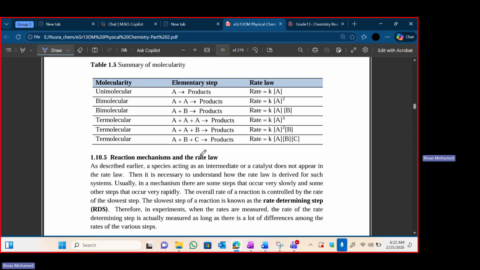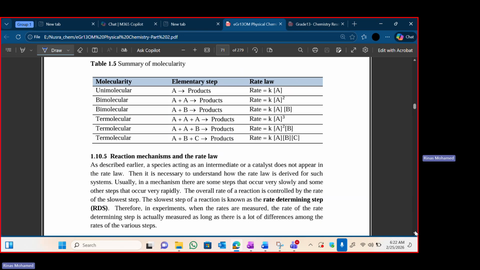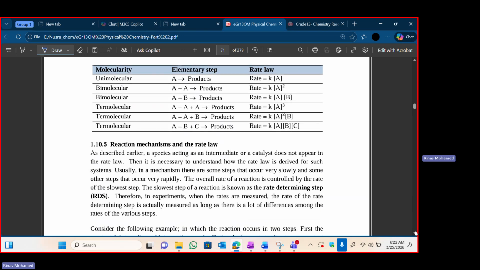Likewise, you can go through termolecular, unimolecular and bimolecular reactions in the chart. I hope you have understood how to write the rate law if they give you the elementary step.